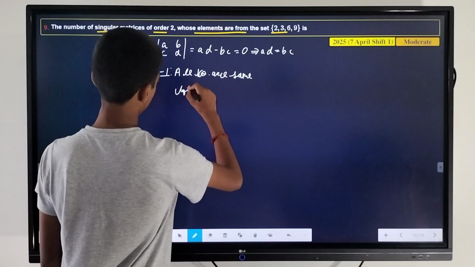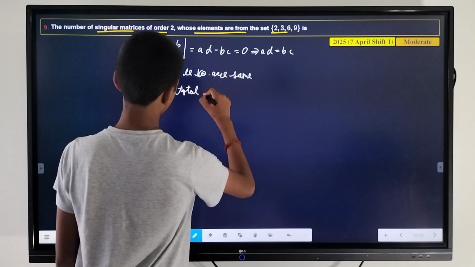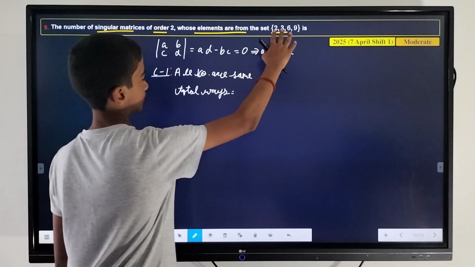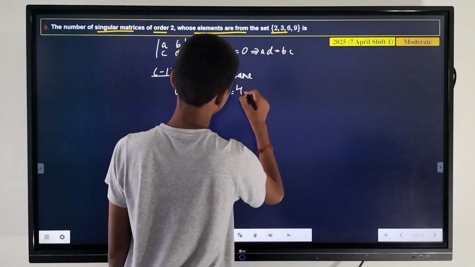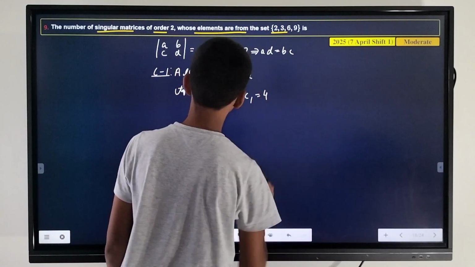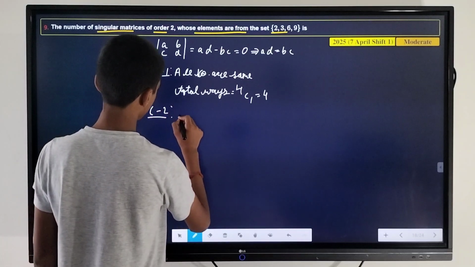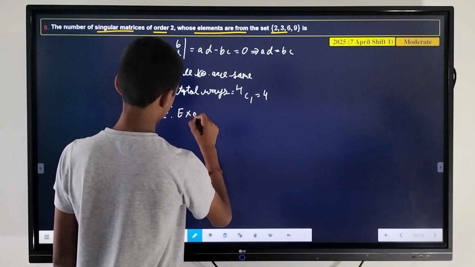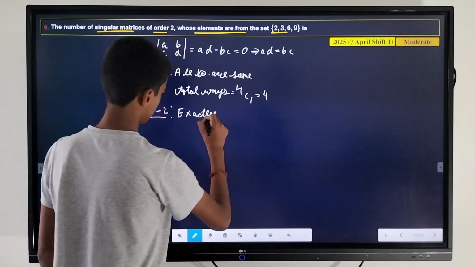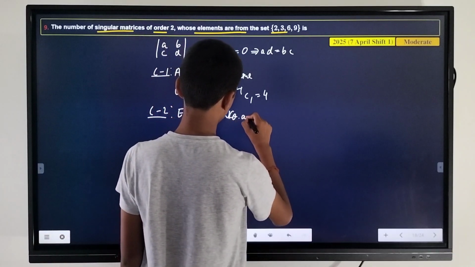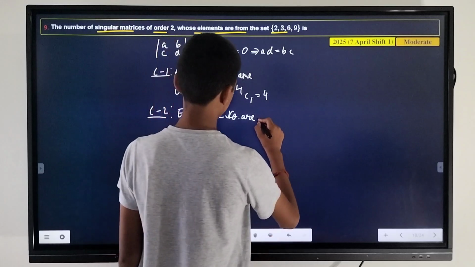So total ways is equal to select one number from these 4 numbers. Case 2, exactly 2 numbers are same.